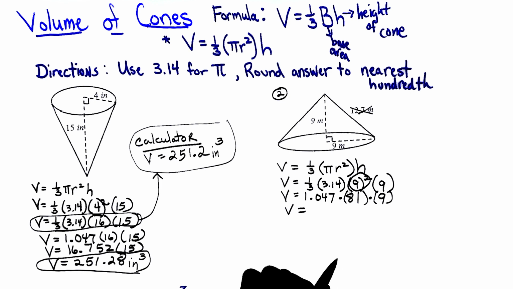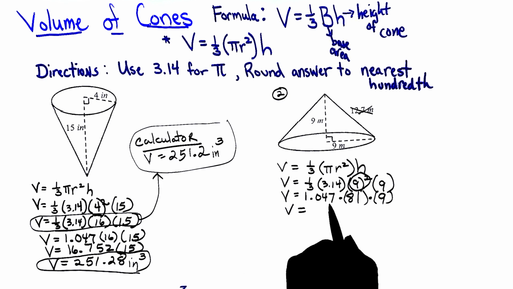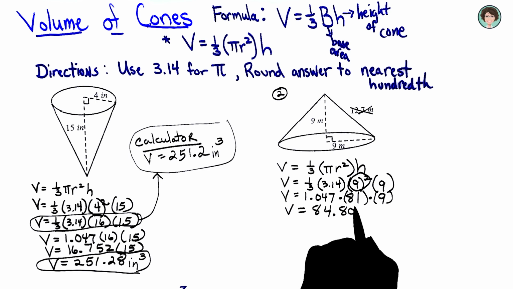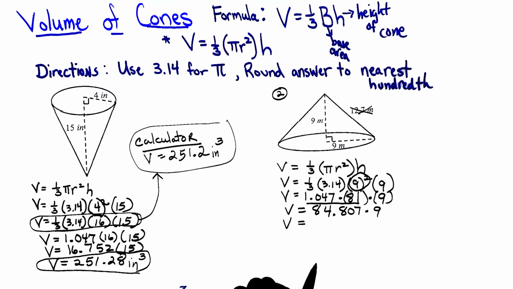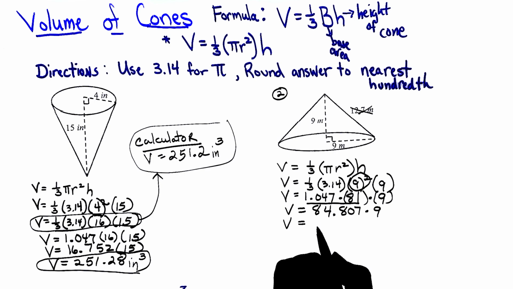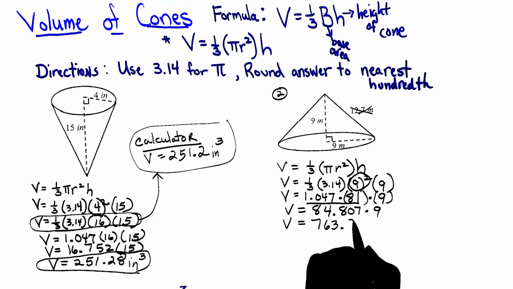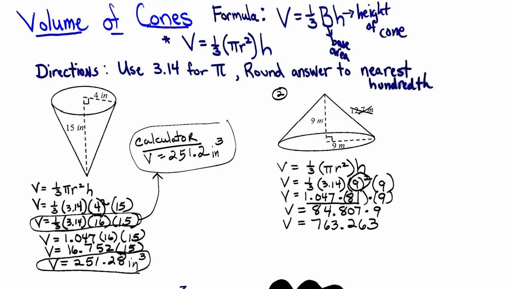So the volume is 1.047 times 81 now. And when I multiply that, I get 84.807. And now I'm going to multiply it by 9. And my volume is going to be 763.263, is what comes up on my calculator.